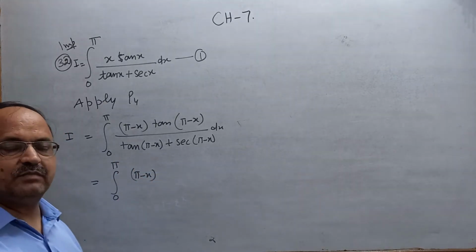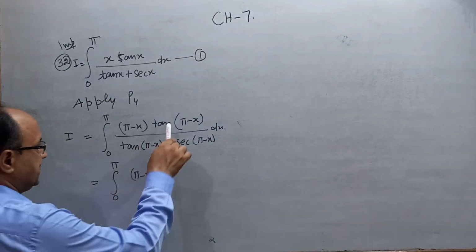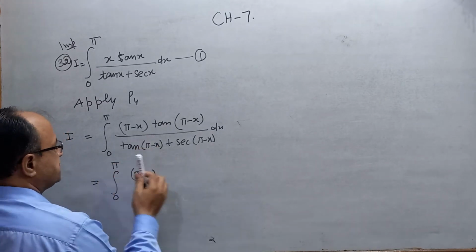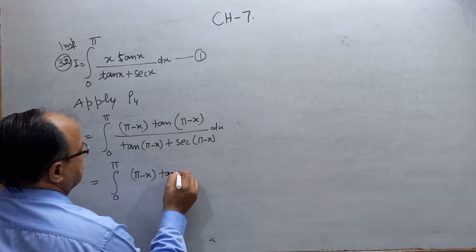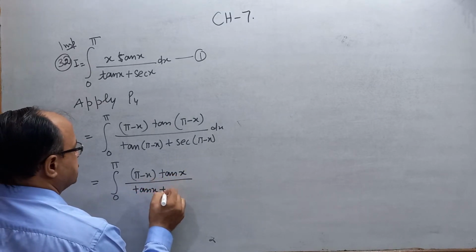You know tan(pi minus x) is minus tan x, and minus sec x; taking minus common, the minus will be cancelled. That is (pi minus x) tan x upon (tan x plus sec x).